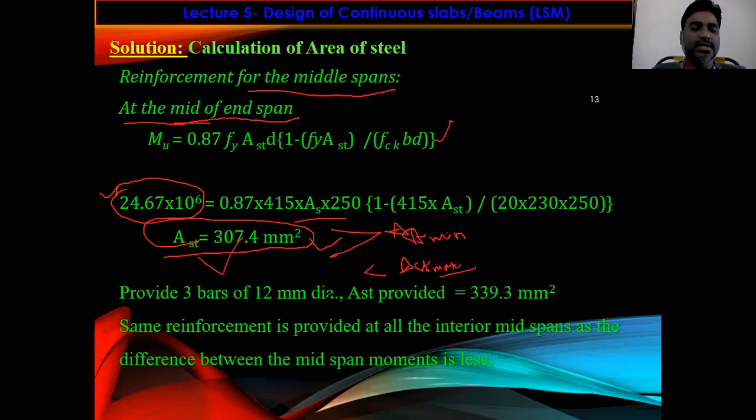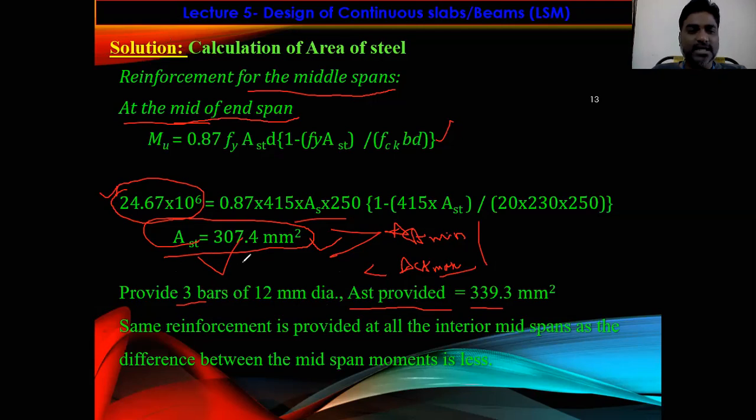So I can provide this much reinforcement, because the conditions are satisfied. So I can calculate the number of bars. I got 3 bars of 12 mm dia bars, and Ast provided is 339.3 mm square.